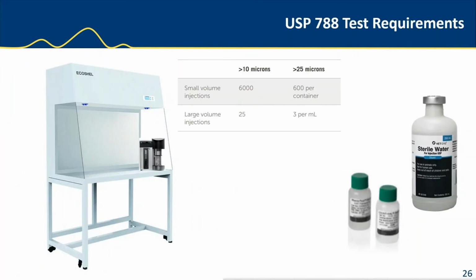As mentioned in the previous slides earlier, the stakes are high, so liquid particle counter accuracy and repeatability are paramount. For the USP 788 test method, the test is carried out under conditions limiting particulate matter. Preferably have the LPC in a laminar flow hood, grade A or ISO 5 environment, so that the environment itself is not introducing contamination.